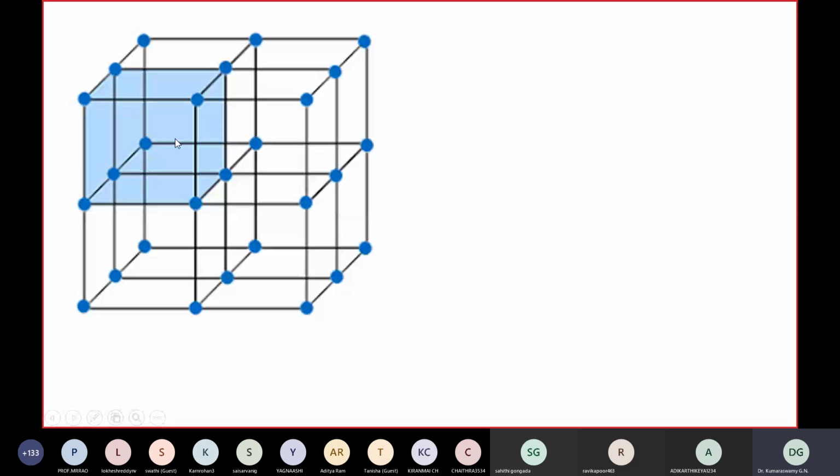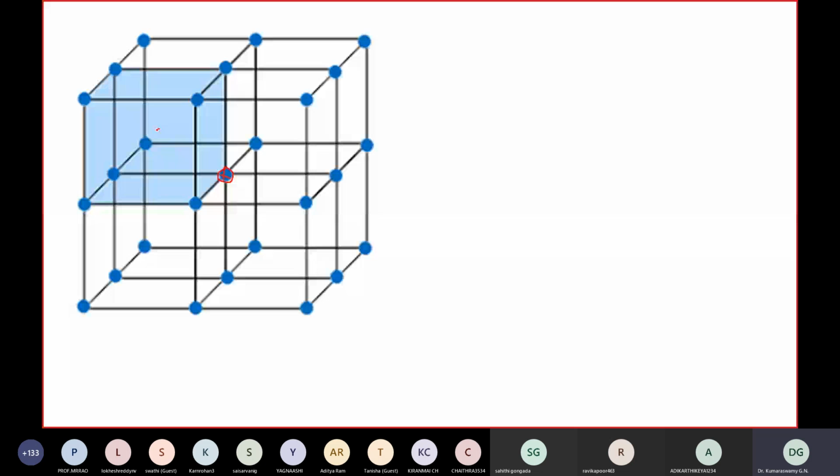So let's take this unit cell and let this be the atom of our interest. We want to know the coordination number for this atom, right? For that, we have to identify atoms which are at the body center.